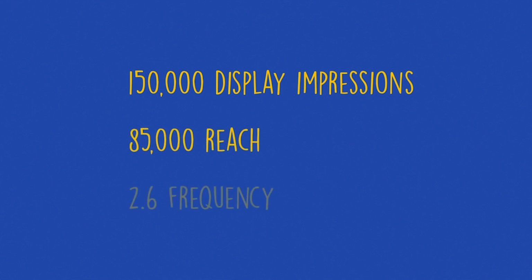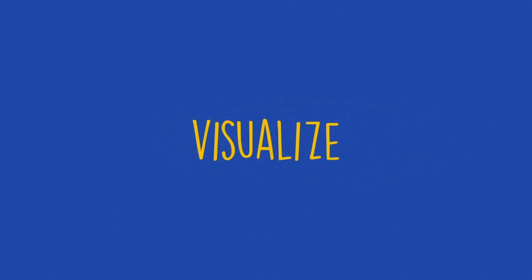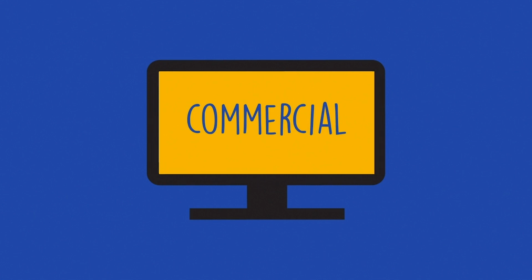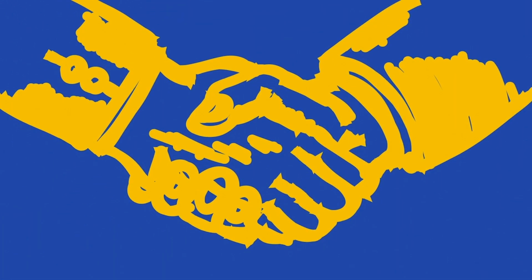Say a campaign delivered 150,000 display impressions and reached 85,000 people with a 2.6 frequency with a TV schedule. Instead of saying just that to our client, we can help them visualize a customer seeing that display ad, watching that commercial, and potentially doing business with them.